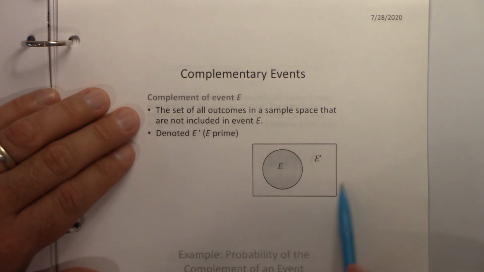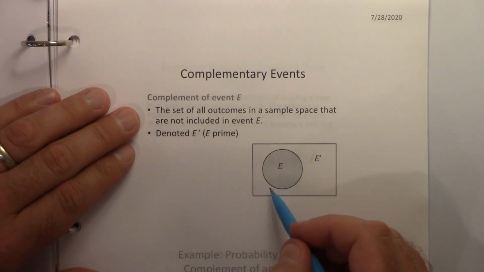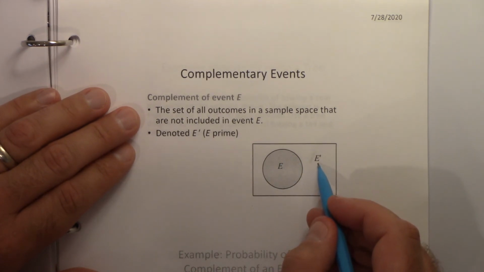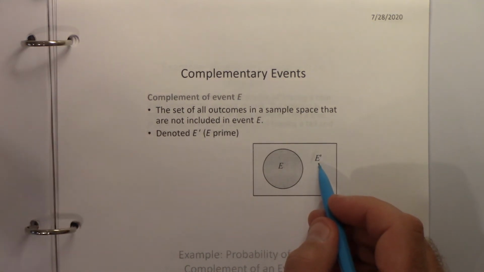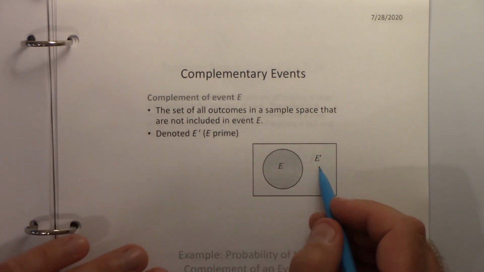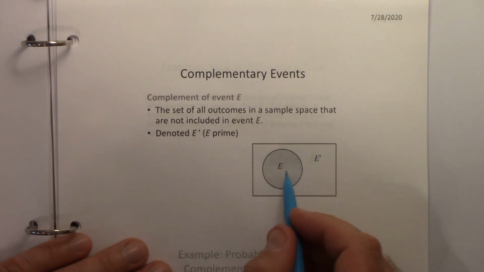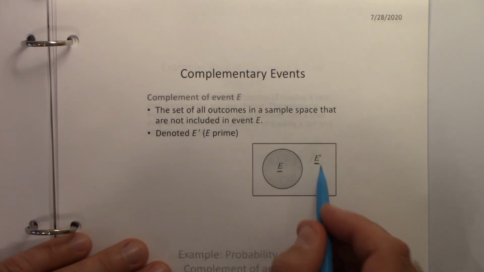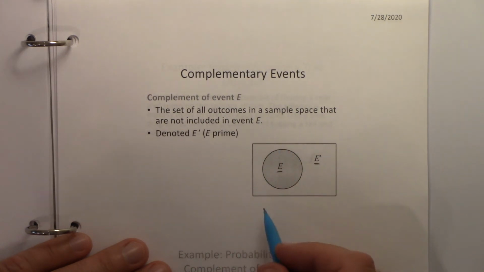So if you look at the illustration, suppose this rectangle represents our sample space, and in that sample space you have event E. Well, then E prime, its complement, is simply everything else, every other outcome that's in the sample space, but not part of event E. One important thing to notice here, when you look at any event and its complement, it accounts for the entire sample space.